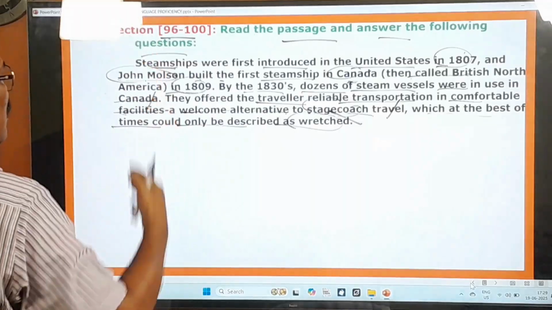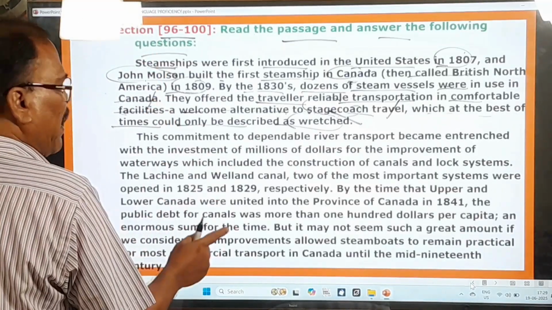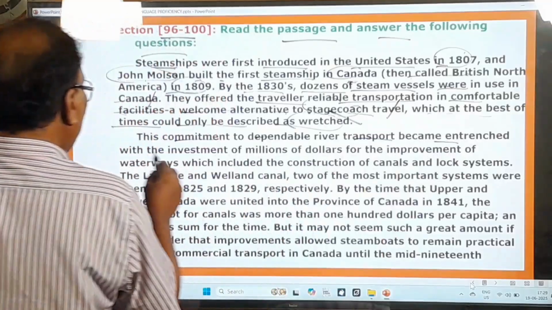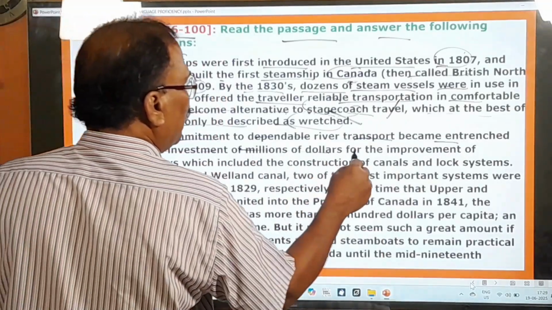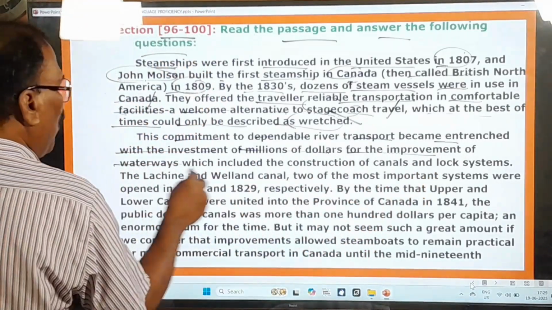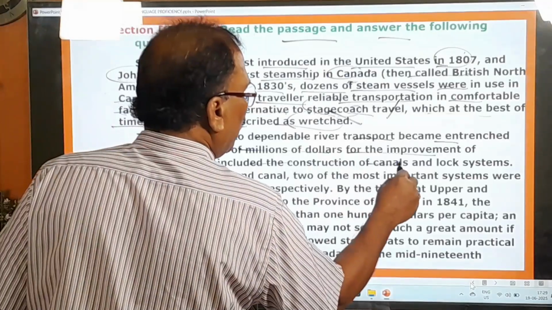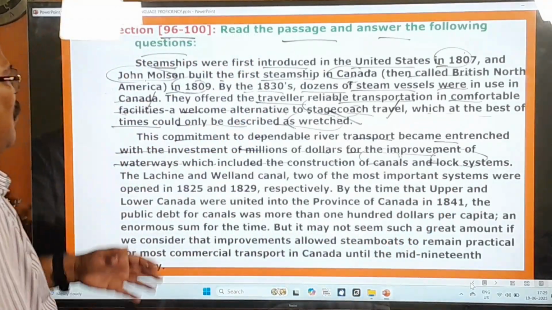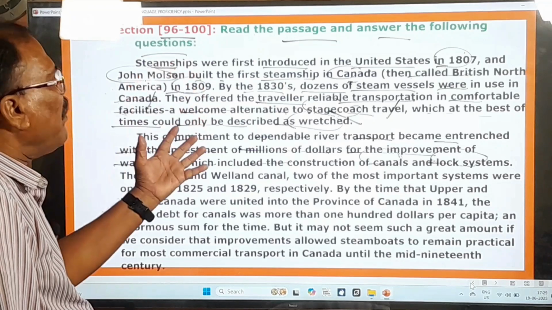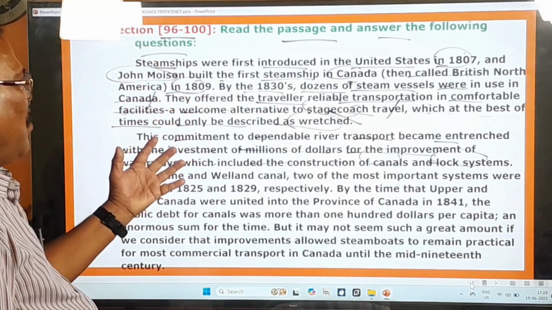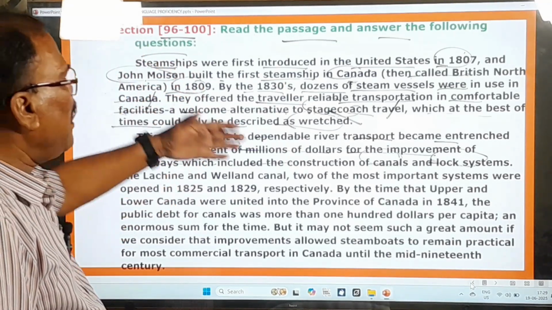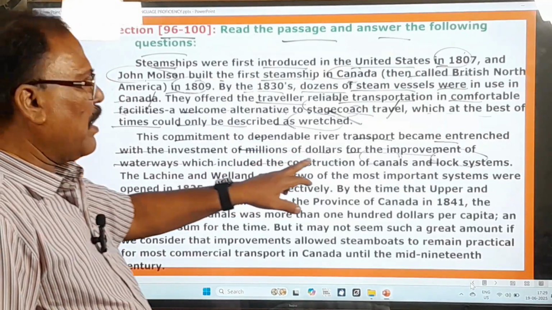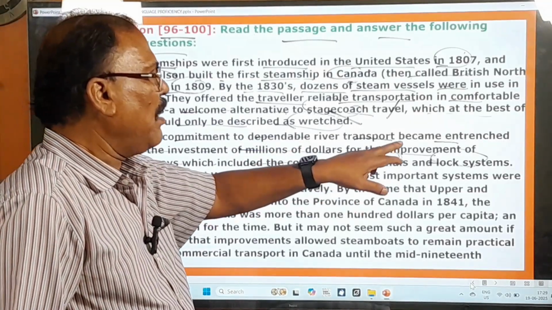And now let us look at the meaning of the second passage. This commitment to dependable river transport became entrenched with the investment of millions of dollars for the improvement of waterways, which included the construction of canals, lock systems and all that. So because of the development of the steamships, people invested millions of dollars for the improvement of waterways, which included the construction of canals and lock systems.